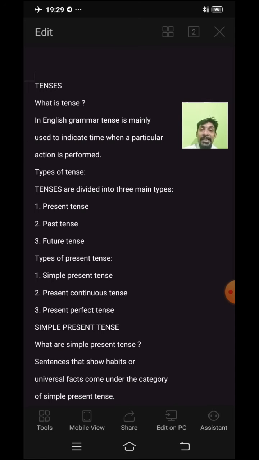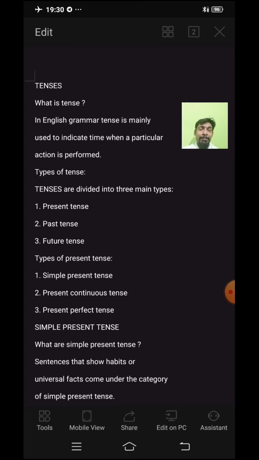Now, types of tense. My dear lovely students, tenses are of 3 main types. First is present tense, second is past tense, and third is future tense.